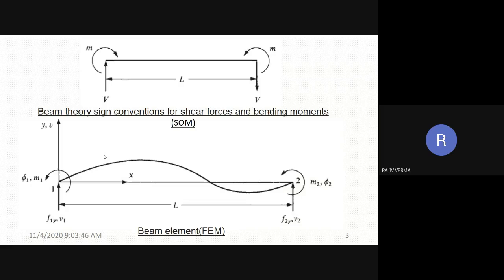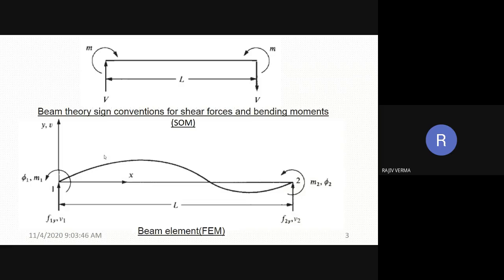And similarly, the moments are going to be taken as positive when they are acting in the anti-clockwise direction, and also the angular displacements are going to be positive when they are in the anti-clockwise direction. This obviously can be compared to what is shown for the strength of materials element.